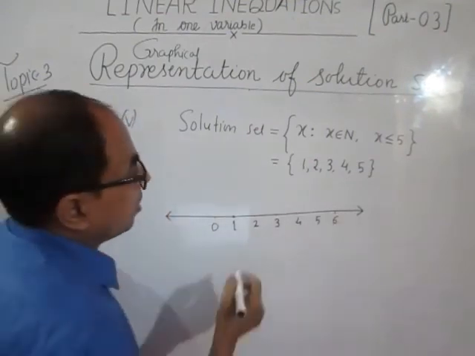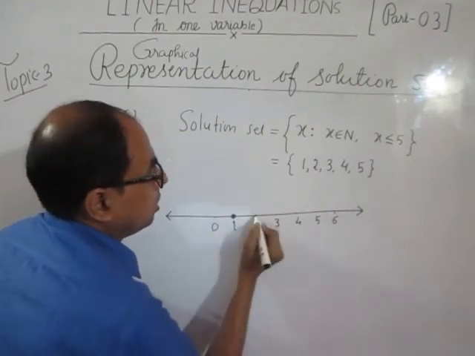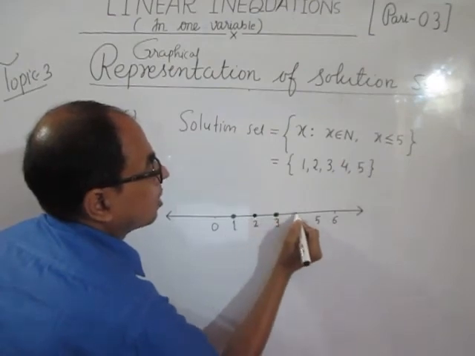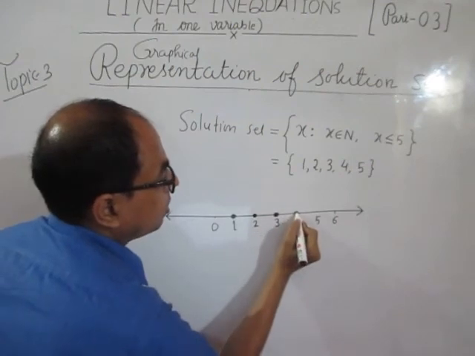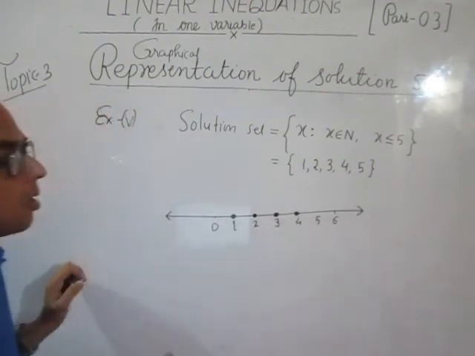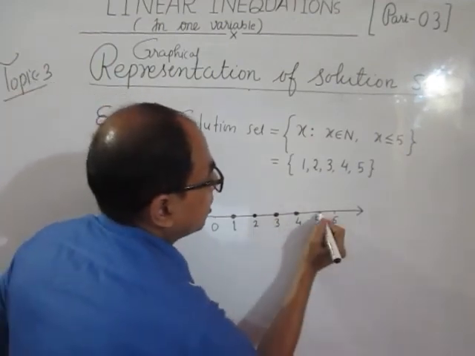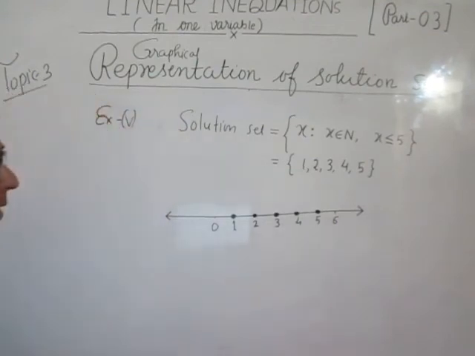Now 1 is included, so dark it. 2 is included, dark it. 3 is included, dark. I use a solid ring because we know that to indicate a closed point we use a solid ring. Here also draw a solid ring.